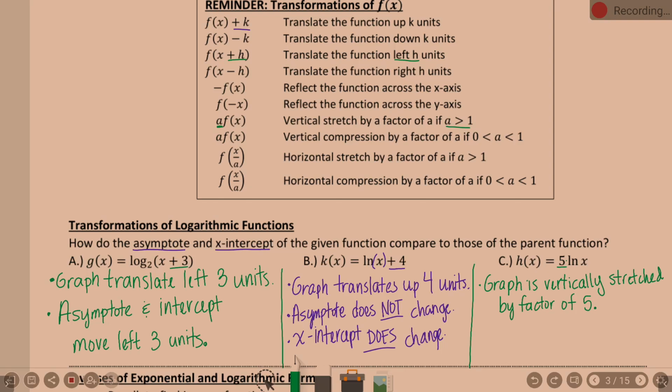Now, what are we thinking about a vertical stretch by a factor of 5? We have to talk about, is that going to change my asymptote? And is that going to change my x-intercept? If we stretch something vertically by 5, what does 5 do?